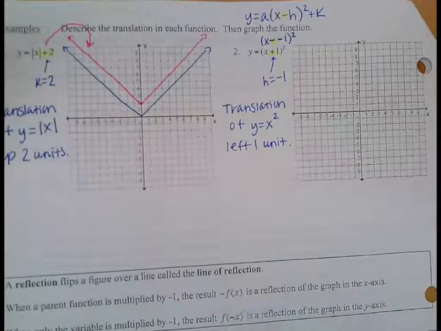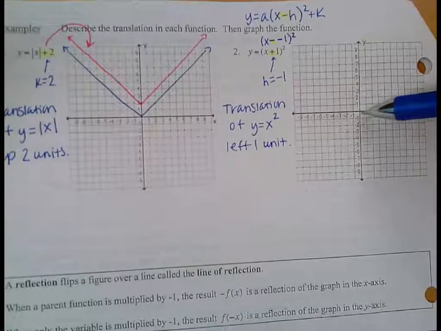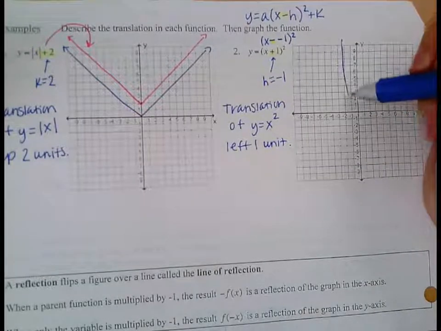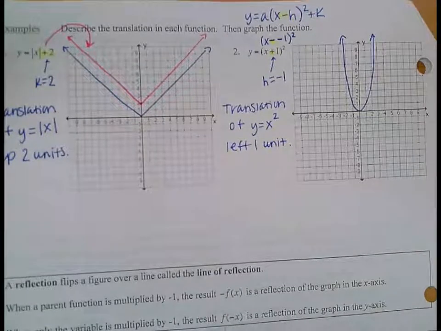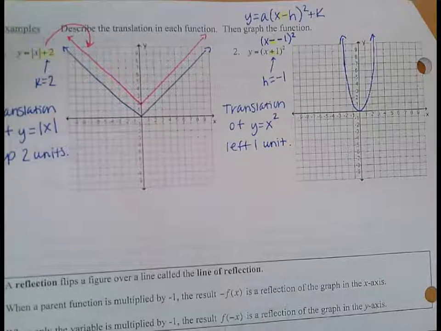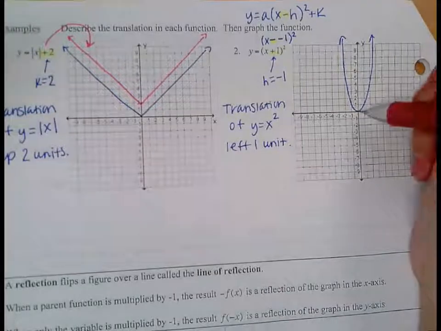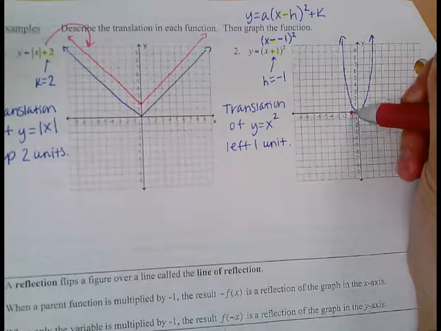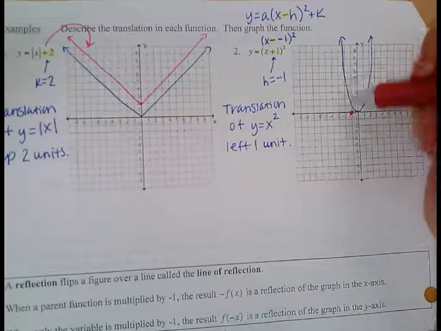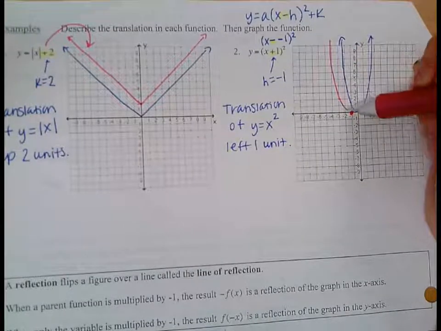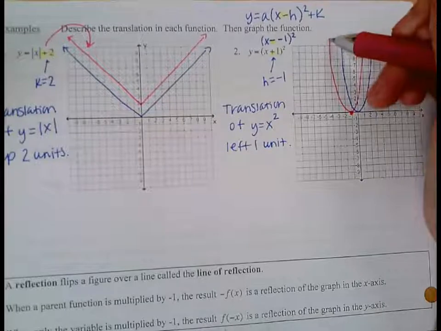So then to sketch this, if I sketch the parent graph, it's just a parabola, vertex is at 0, 0. Again, it doesn't have to be super specific with other points other than making sure your vertex would be at 0, 0. So now if it's translated left 1, the vertex just moves over to be at negative 1 on the x-axis, so at negative 1, 0. The shape of the graph, though, is staying the same, just the vertex moved.